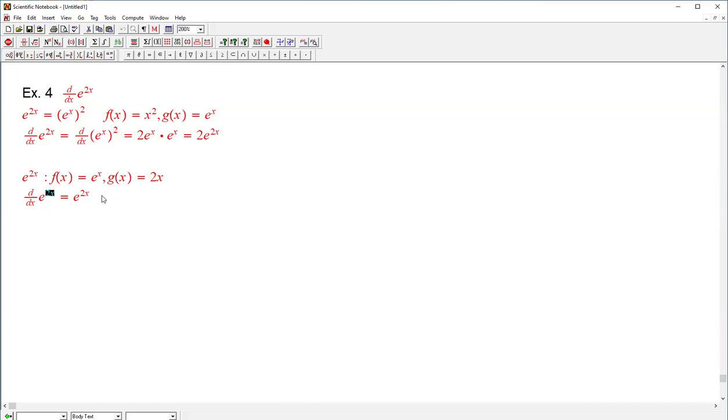Multiply by the derivative of 2x, which is 2. So in the end, we get the same answer, as we should, even though we look at it from different perspectives. There are situations like that.